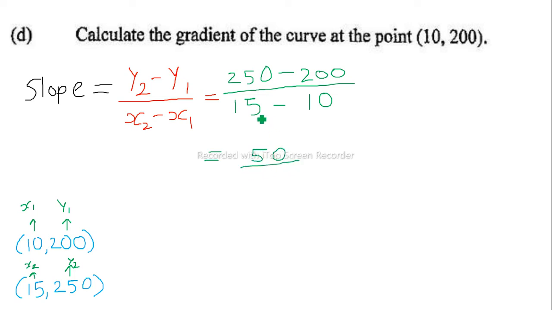Divided by 15 minus 10, which is 5. And what is 50 divided by 5? It is 10. So the slope is 10. That's it? Yeah, that's it.